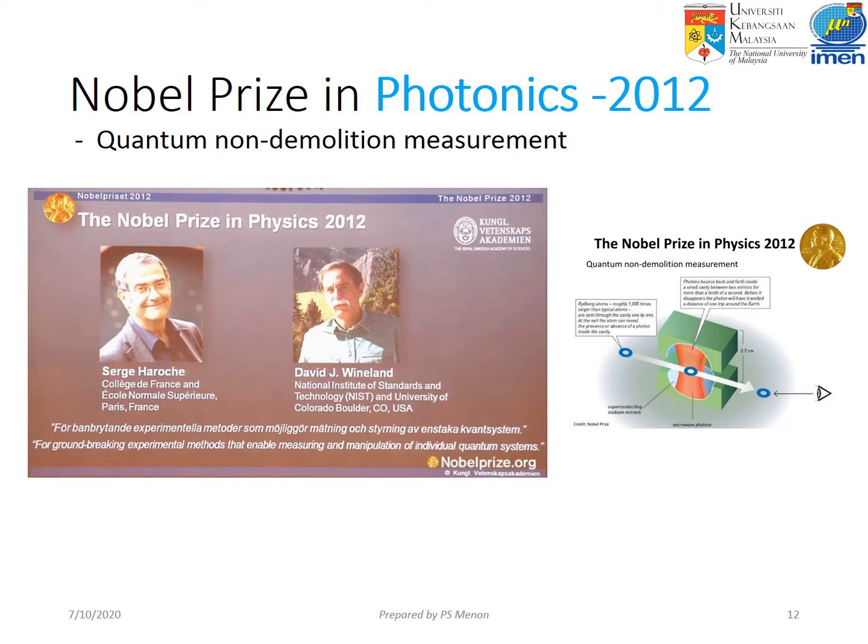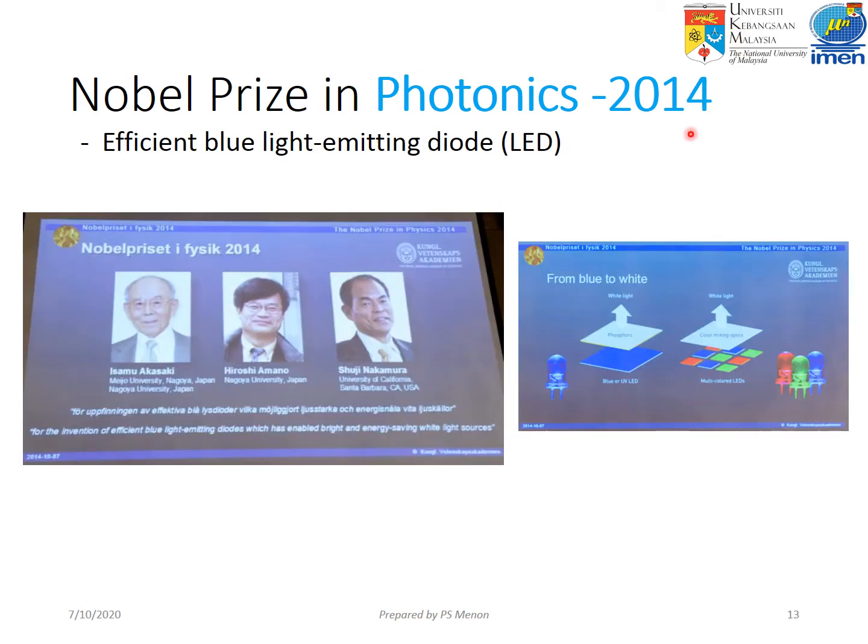Moving on. In 2014, another Nobel Prize in Physics in the field of photonics went to the efficient blue light emitting diode, LED. Three researchers, Isamu Akasaki, Hiroshi Amano, and Shuji Nakamura, won the Nobel Prize for the invention of efficient blue light emitting diodes, which has enabled bright and energy-saving white light sources.